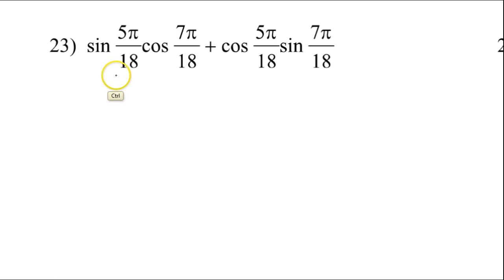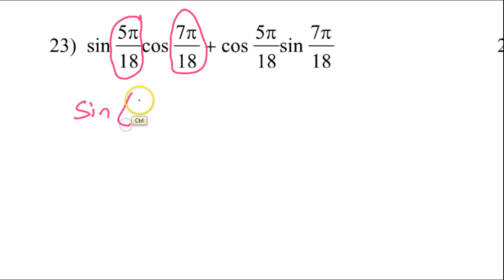Number 23: I see sine, cosine, cosine, sine. That is how the sine sum formula works, so this is going to be the sine function. The two angles involved are this angle and this angle. So I'm going to have the sine of 5 pi over 18 plus 7 pi over 18.